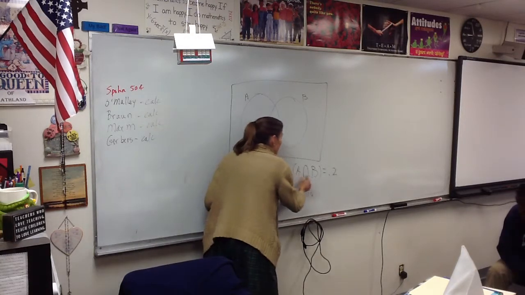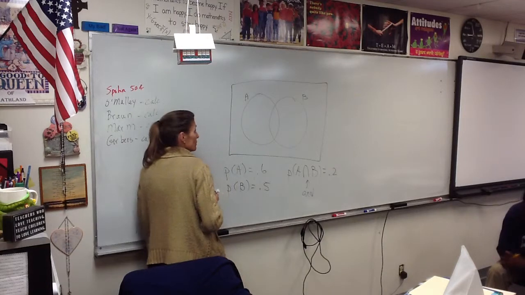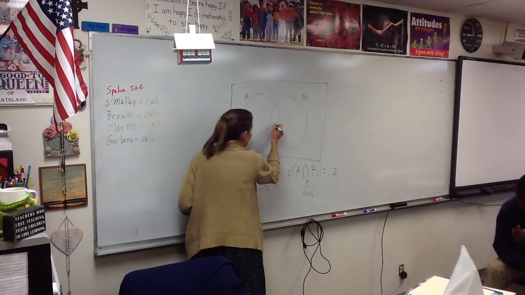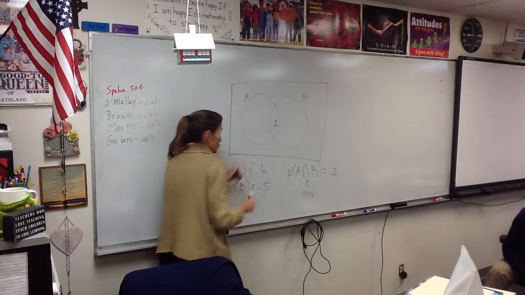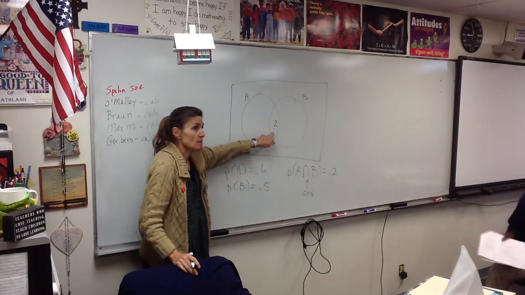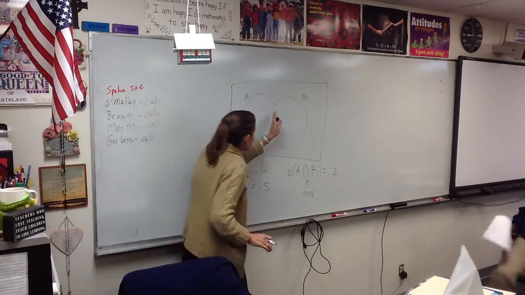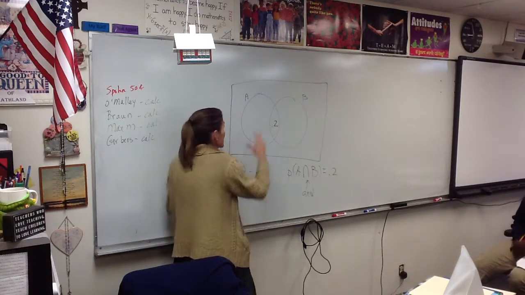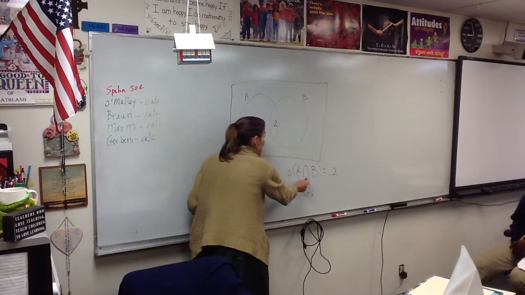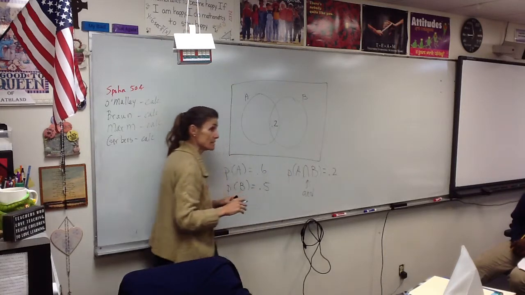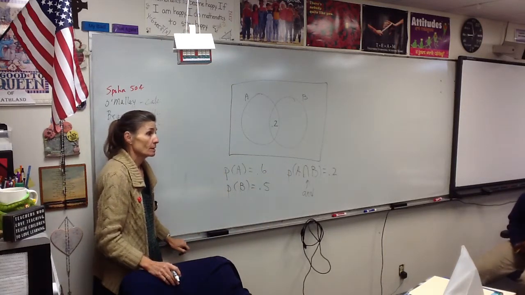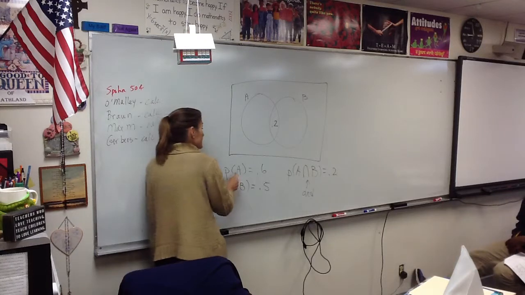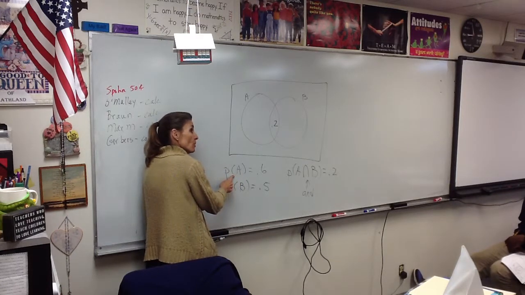The probability of A and B is 0.2. That means this little piece of the picture right here is 0.2. Because these are the people or the things that are in the A circle and the B circle. Do you see that? Now, the entire A circle is 0.6.